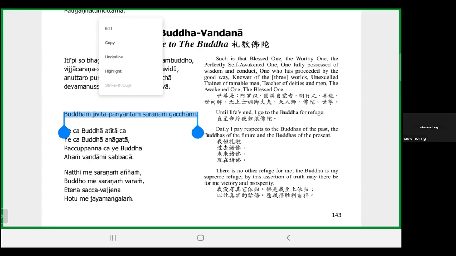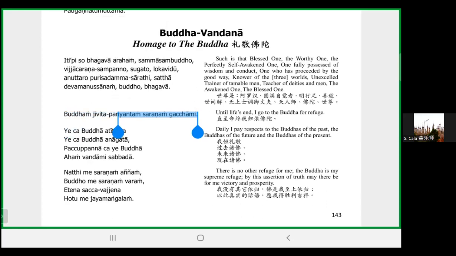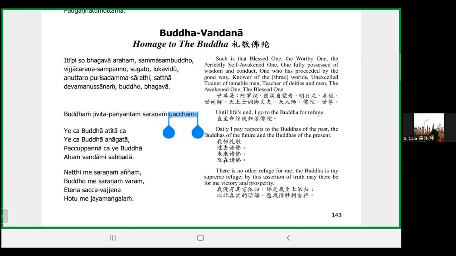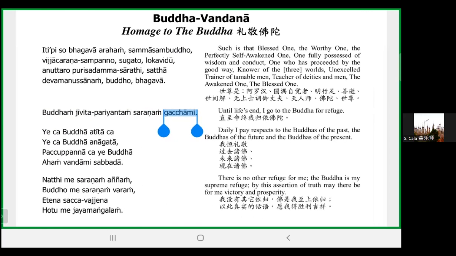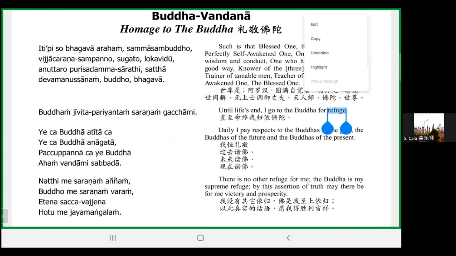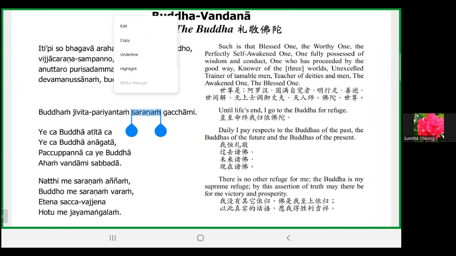Yes, I take refuge. No, not take refuge. Gacchami means I go. I go, yes. Okay. Where is the refuge? Saranam is the refuge.